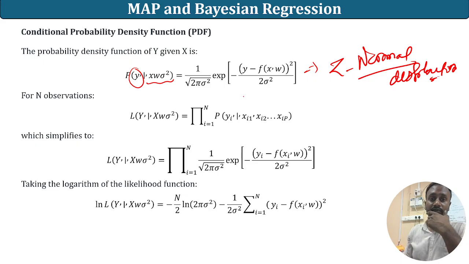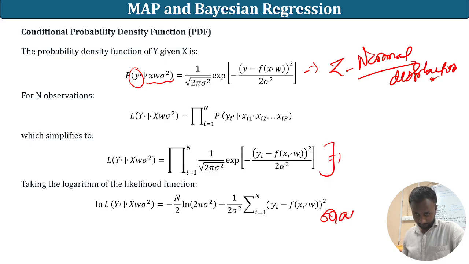For n observations, we have to get the probability n times. After we simplify based upon all the n values, we have to take the logarithm of that likelihood function, and then we have to maximize. We have to apply the maximum a posteriori here.